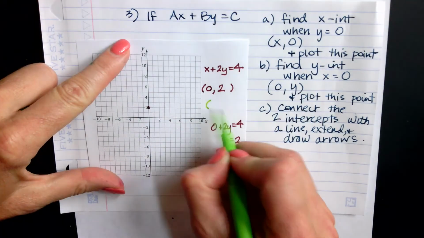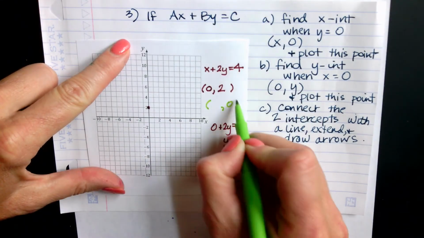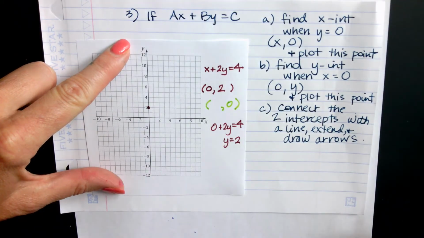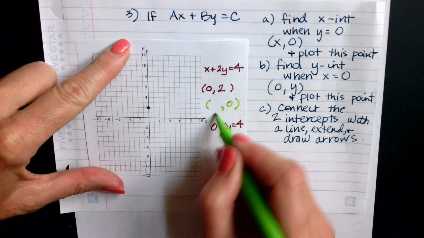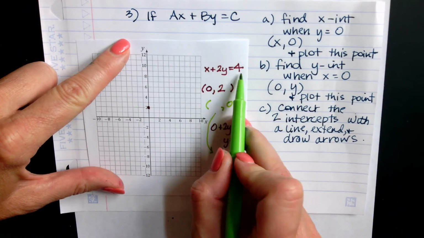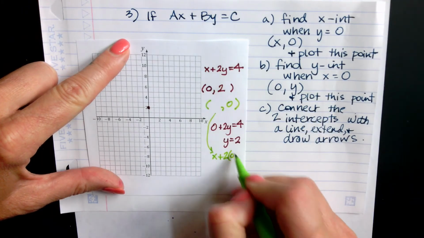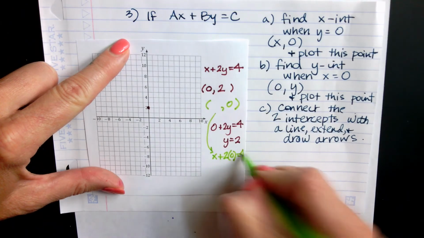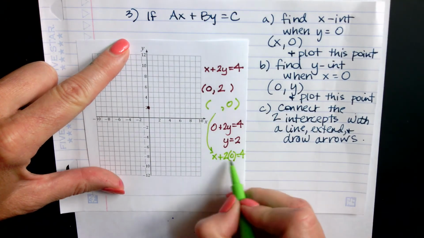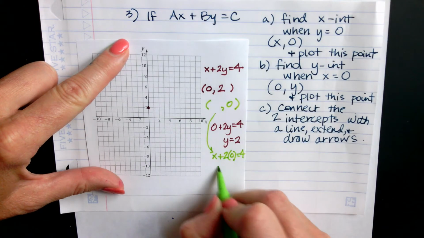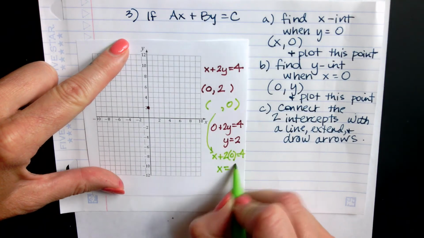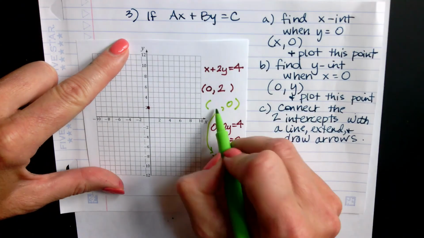The next thing I'm going to do is substitute 0 for y. So I'm going to rewrite the equation: x plus 2 times 0 equals 4. 2 times 0 is 0. So your x-intercept is 4.